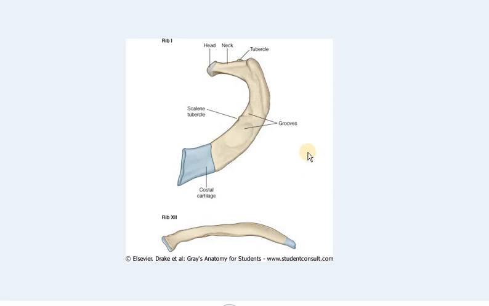Just like the first rib, the second rib also has no twist, but the second rib articulates with the vertebral column just like a typical rib, means the posterior end has two articular surfaces. One articular surface articulates with the next higher vertebra and the lower articular surface articulates with the corresponding vertebra.